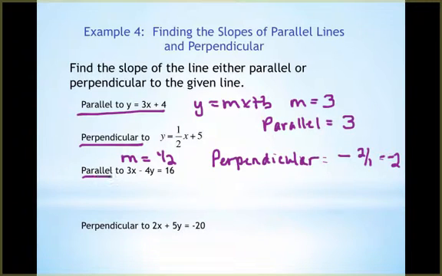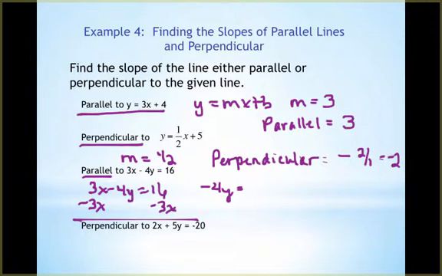In the next equation, we want to be parallel to 3x minus 4y equals 16, but I don't know the slope when I'm in that form. So what I'm going to do is solve for y equals. We'll subtract 3x, so -4y equals -3x plus 16. Remember, we want our x term first.